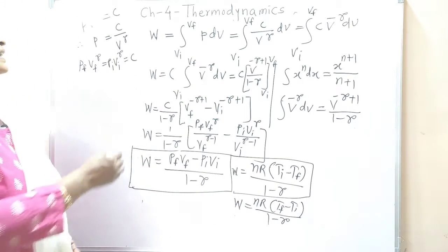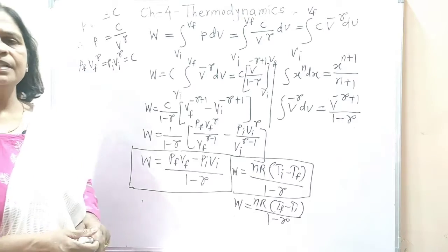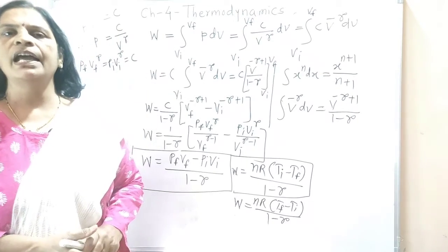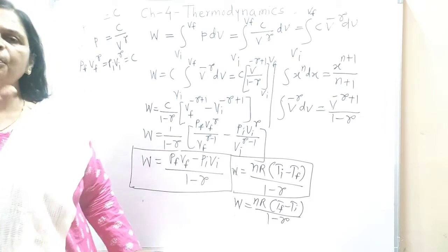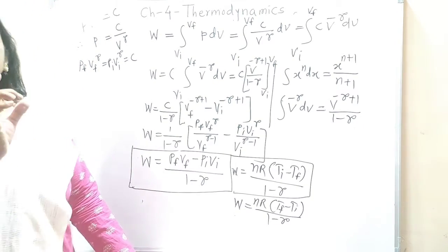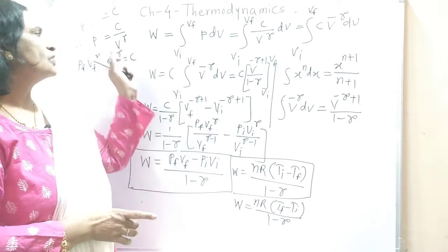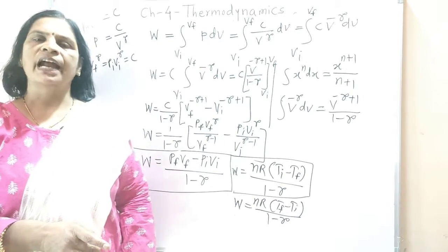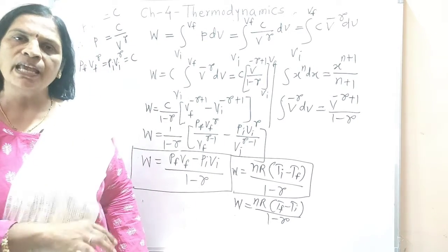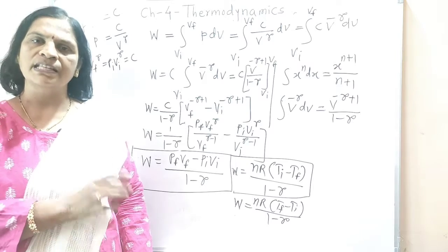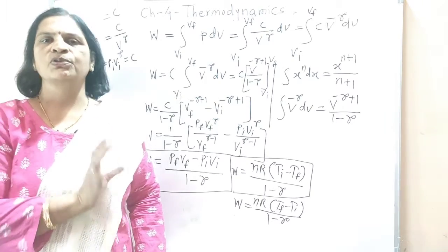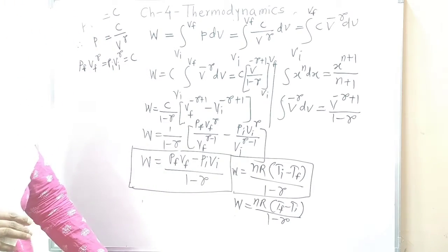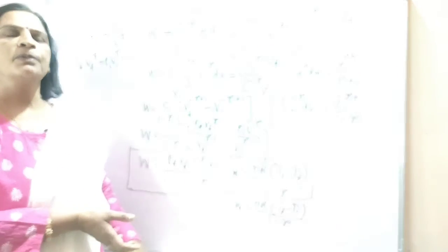Understood? Then the adiabatic process is also called the isentropic process, because the entropy of the system remains the same in case of adiabatic process. Iso means same, entropy of the system is same, and therefore it is called the isentropic process.